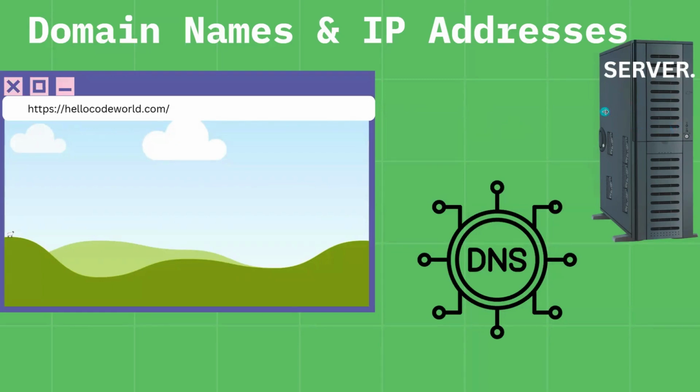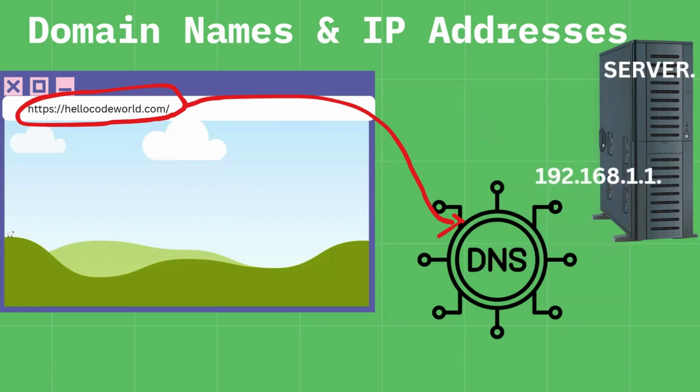Instead, they use IP addresses, which look like a bunch of numbers. So when you type in a web address, your computer asks a DNS, the Domain Name System, to find the correct IP address. Once the DNS finds it, your browser can request the website from the server.